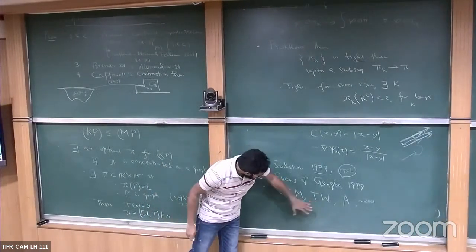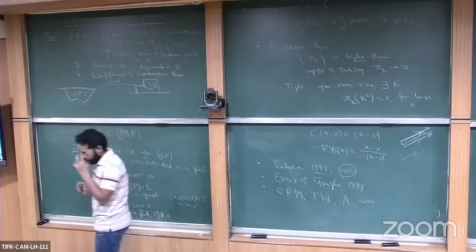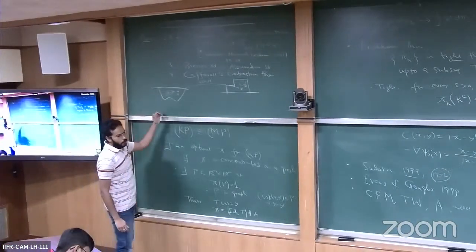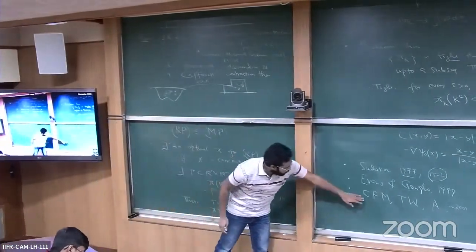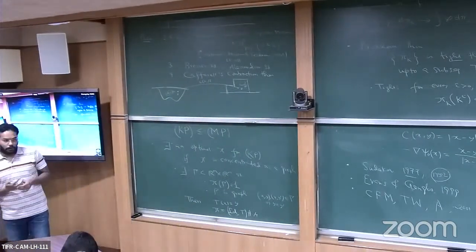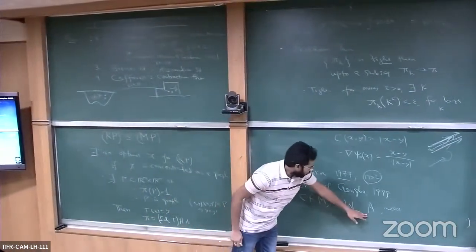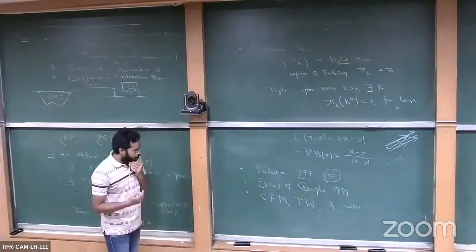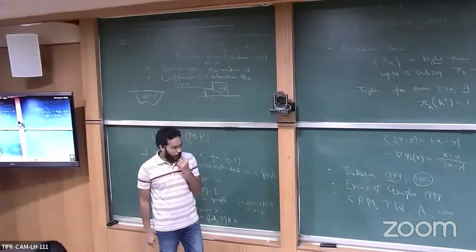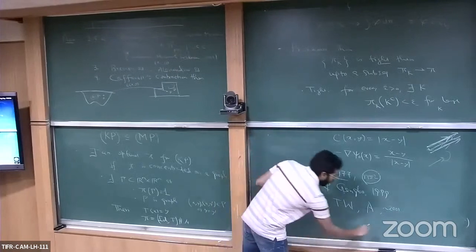Their arguments were almost similar, but this was mostly concentrated on the Euclidean norm, while Caffarelli, Feldman and McCann considered any strictly convex norm. Ambrosio also concentrated on the Euclidean norm.